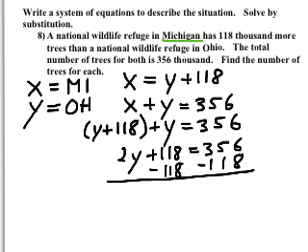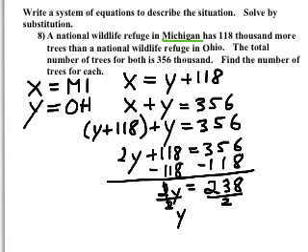And that gives us 2y equals 238. Divide by 2, divide by 2. y equals 119. So 119,000. And what is y? It's Ohio. So Ohio has 119,000.